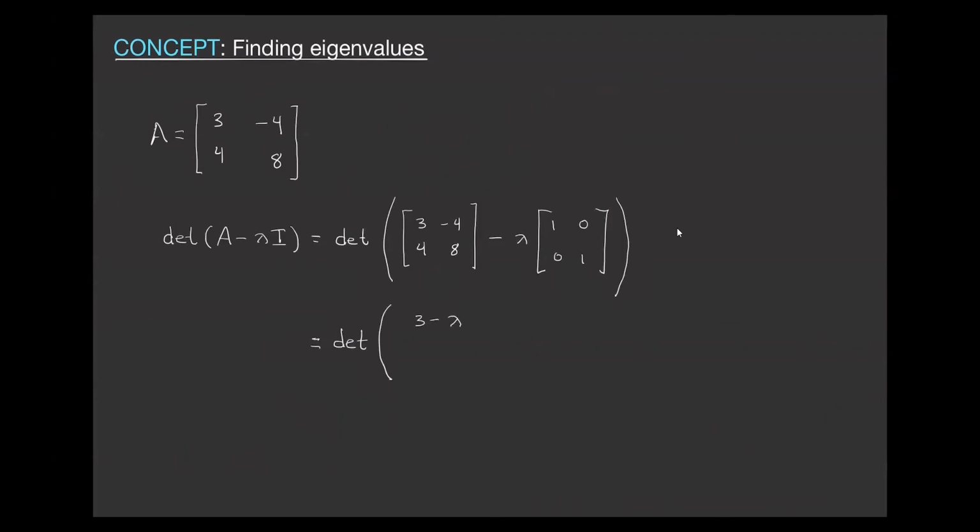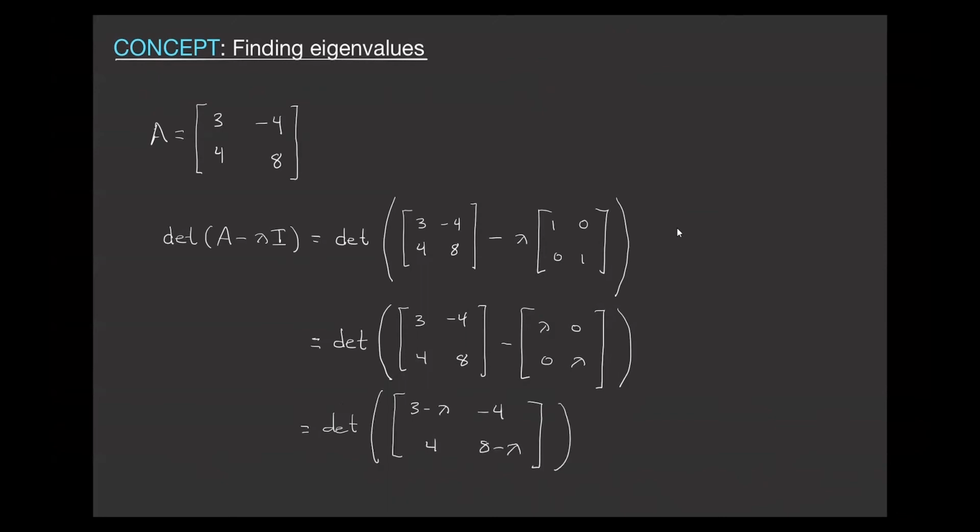Let's make it even more explicit what's going on. So we have minus lambda 0, 0 lambda. That's just the scalar multiplication. And that turns into 3 minus lambda, minus 4, 4, 8 minus lambda.